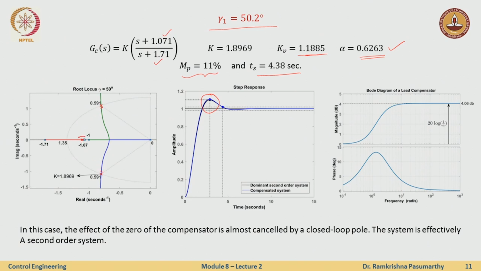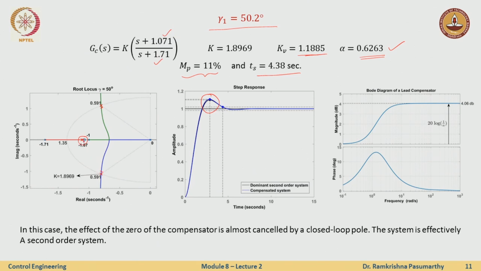You see that the distance between the pole and the 0 here for this value of gain k is very minimal, in such a way that they actually cancel out each other. So the closed loop system will just have two poles, one pole here and one pole here. That is like dominance is ensured by these two being very close to each other.